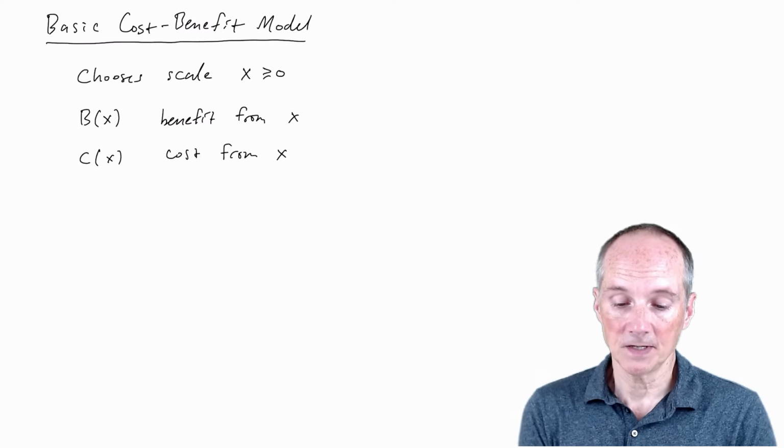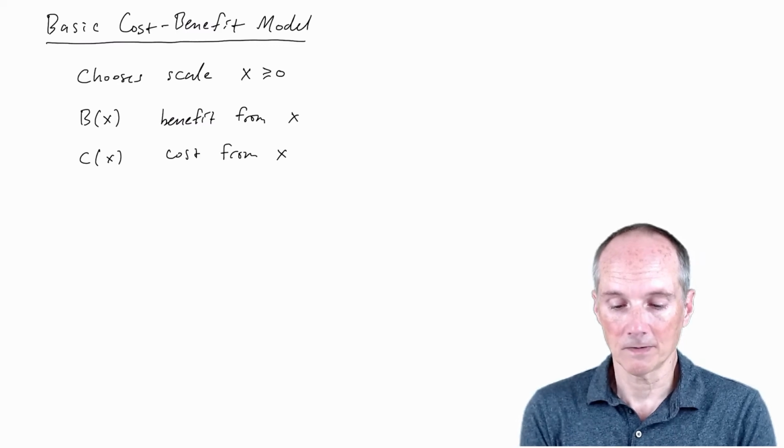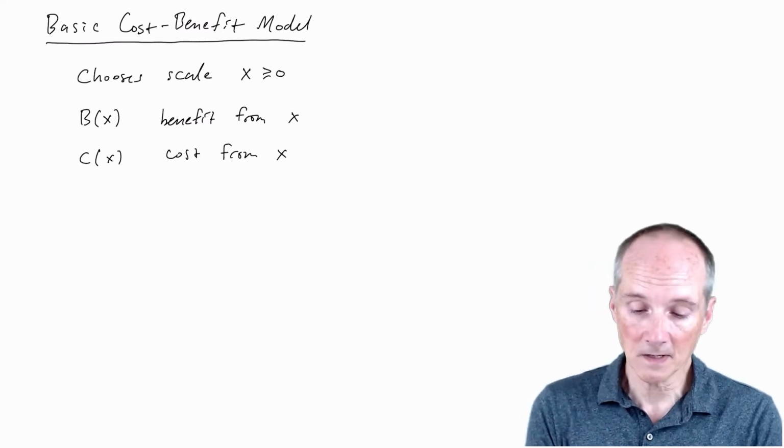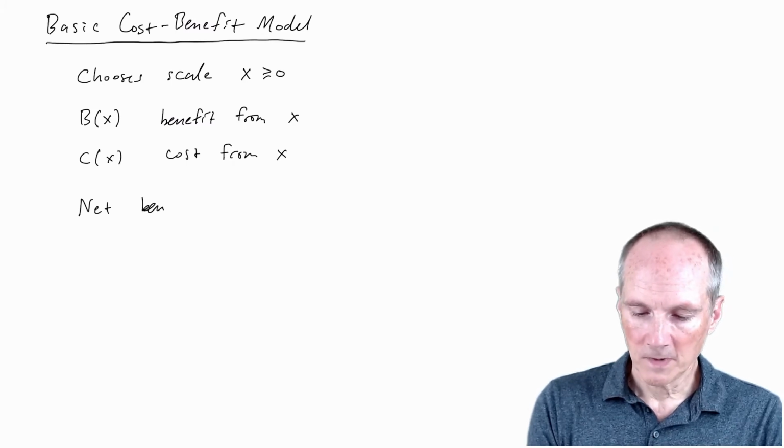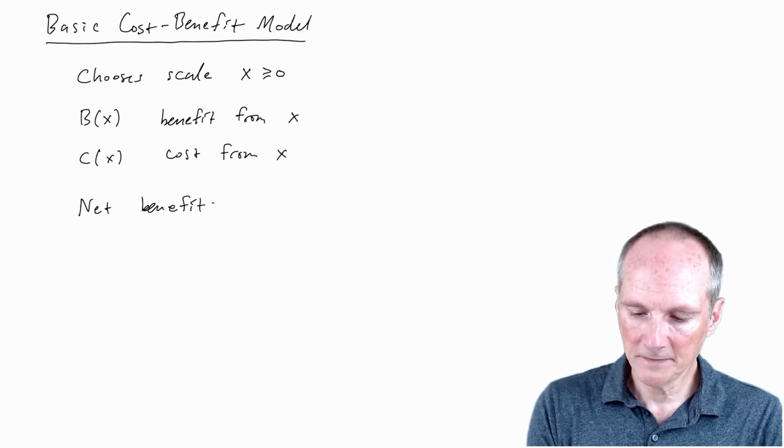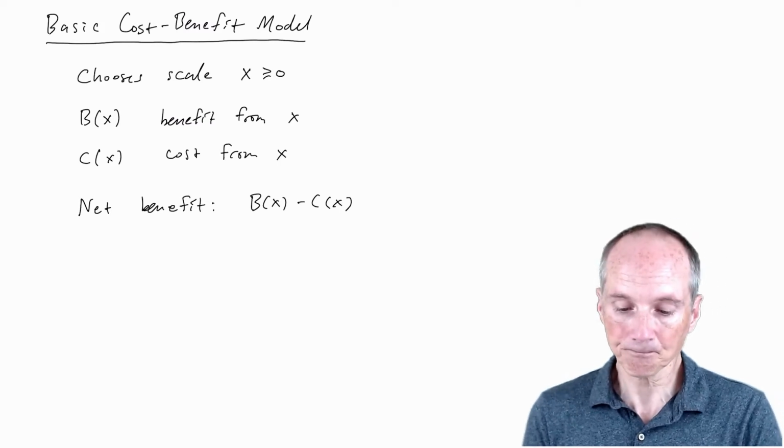The main thing is they have to be measured in the same units so that we can take the difference between them, and we'll call that the net benefit. That's just the benefit minus the cost of the scale.